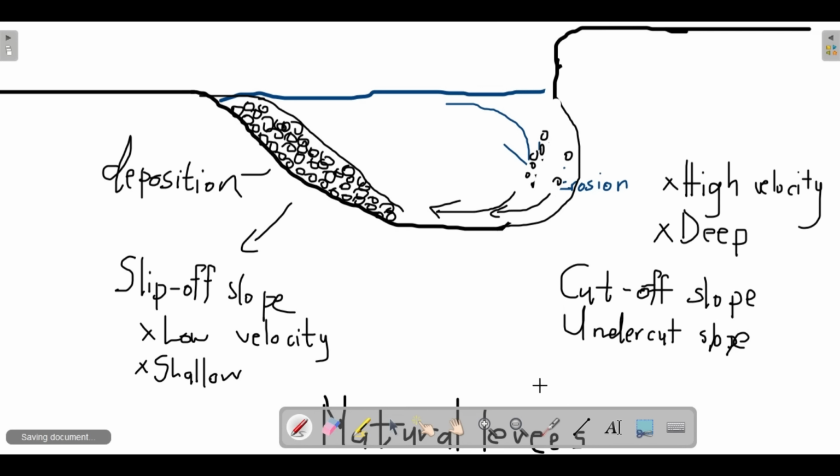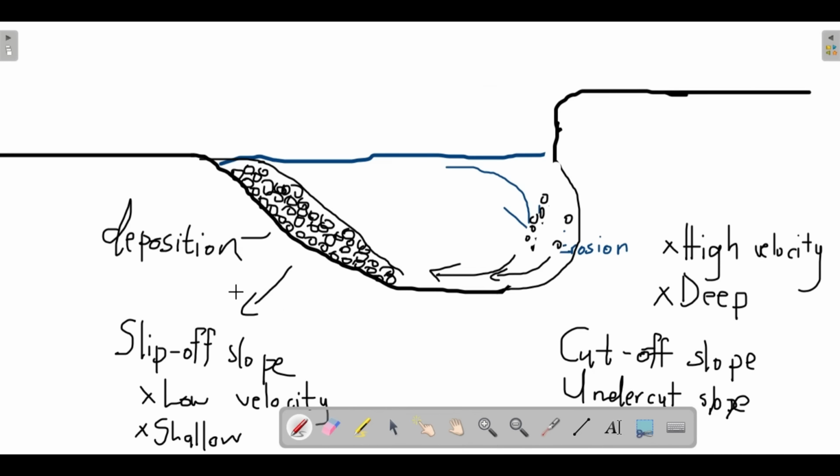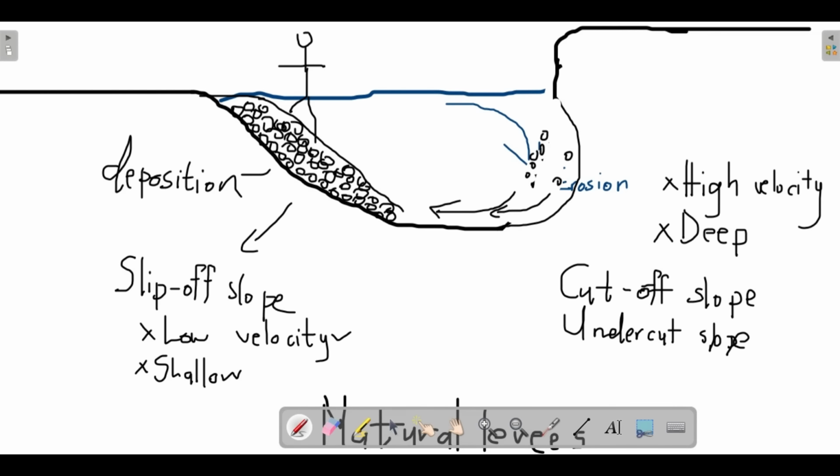Applying these in real life would be beneficial to you, because if you know which slope is the slip-off and which is the cut-off slope, it would be much safer to play on this side, because it has low speed of water and it is shallow, meaning it is not deep.